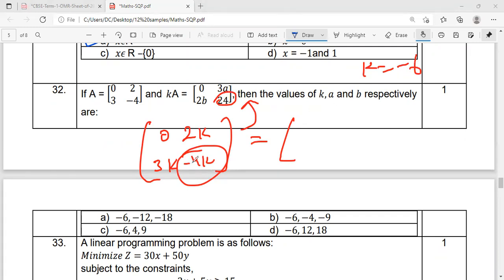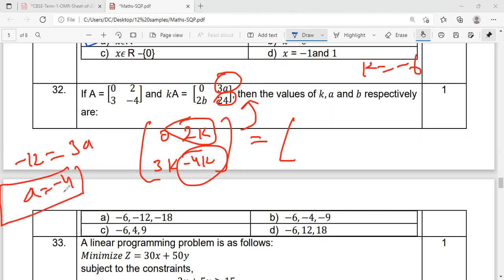When you get k equal to -6, you can substitute this value here. -6 into 2. 2k is equal to 3a, means -12 is equal to 3a. Right? You simply write 2k is equal to 3a, and then -12 equal to 3a. And that means a equals -4. Then also you can write 3k is equal to 2b.